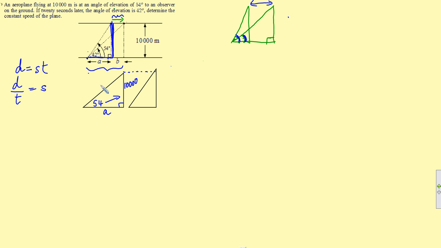Okay, so I will start off by saying the tangent of 54 degrees is equal to 10,000 divided by A. All right, so that's my first one. So, using my calculator, I'm going to work this out very quickly.